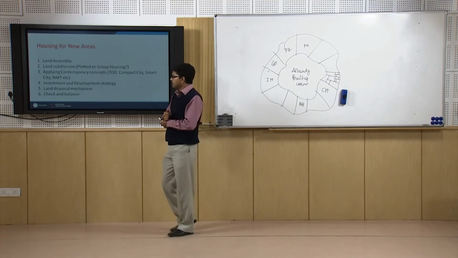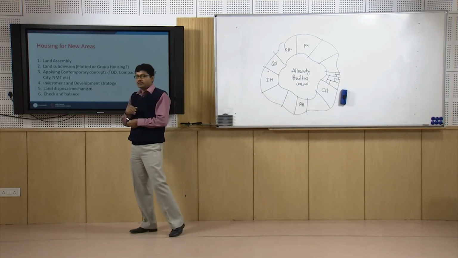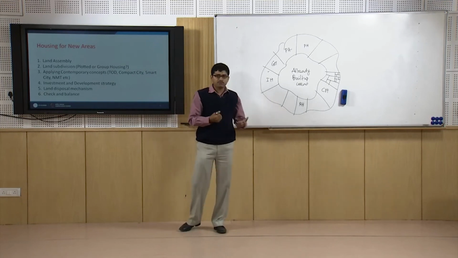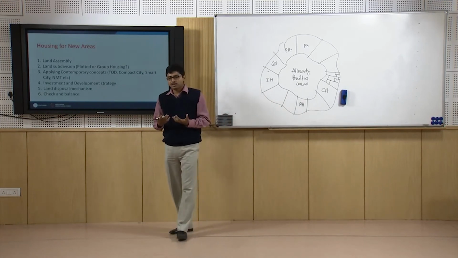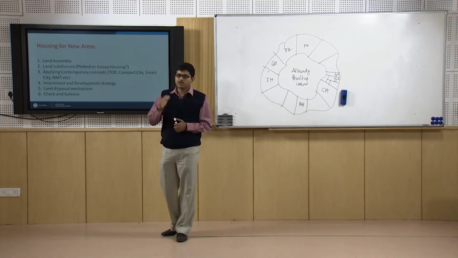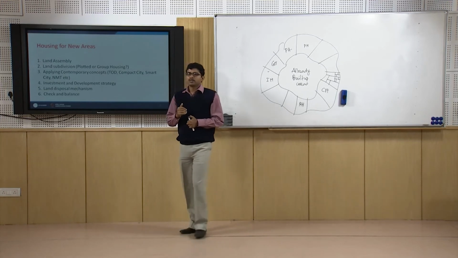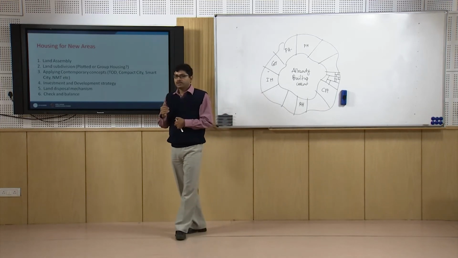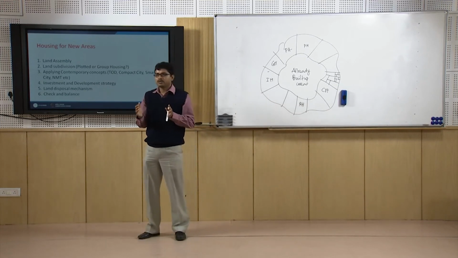And not only that, along with the disposal mechanism, another very important part is the pricing mechanism. After the land subdivision, you have various sizes of plots for each economic group. For example, there could be land for the higher income group, middle income group, and low income group. What kind of pricing mechanism will there be?